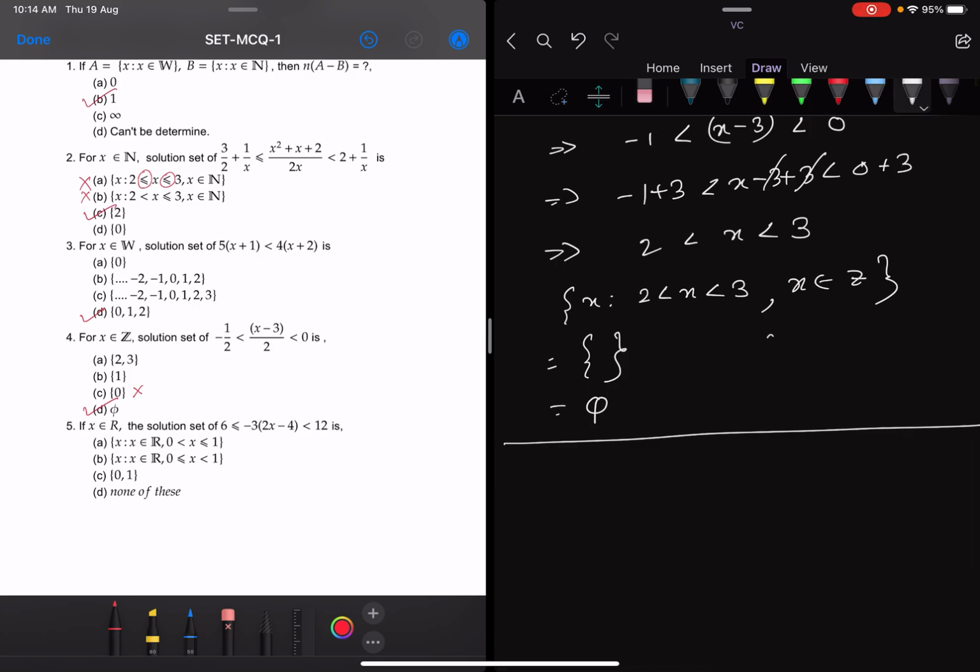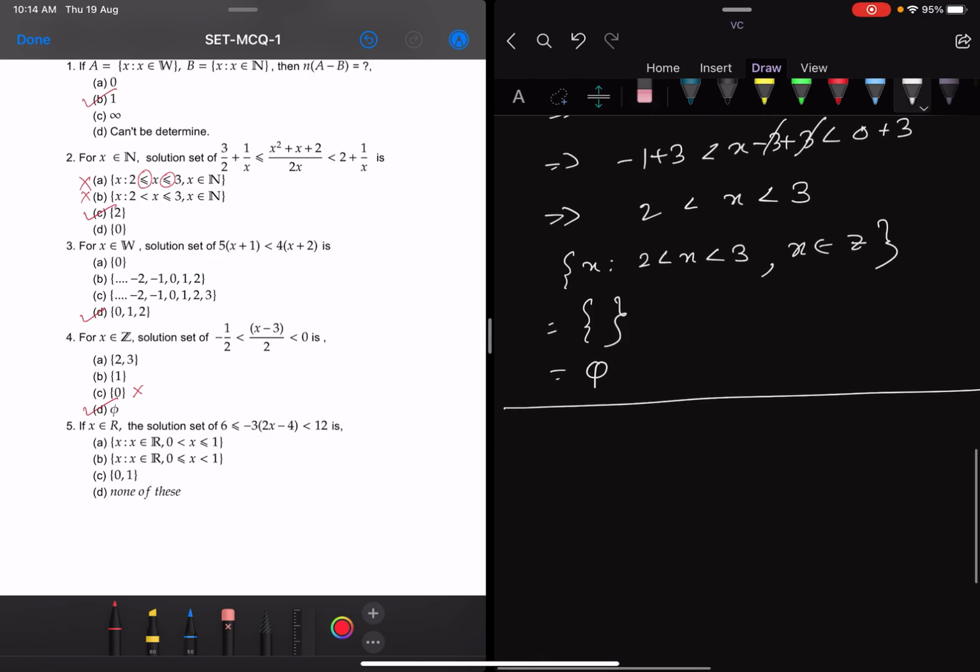Don't mark the phi in between two curly brackets, don't mark it. It will mean a single set, this will mean a single set, and this means a null set. Okay, singleton set and null set.